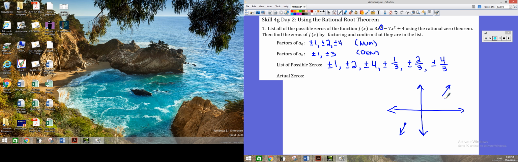To connect these ends continuously, the graph has to cross the x-axis at least once. So there's at least one x-intercept, but I don't know if it's rational or irrational. If it's rational, it'll be in this list. Maybe it crosses 3 times, and maybe those are all rational; maybe there are 1, 2, or 3 numbers in this list, but some may be irrational. We don't know.